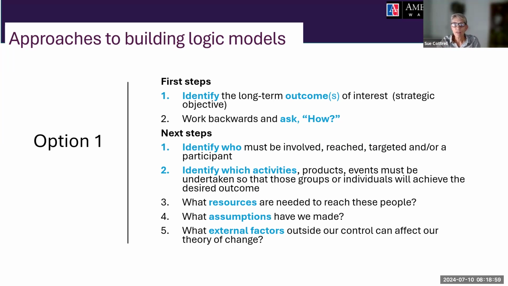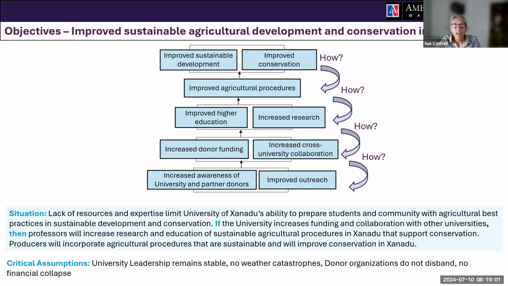And I'm going to show you how that looks. Now, for me, I use this all the time. Whenever I get a new project or a new program, I create what's called a results framework, which is what this is called, a results framework. You start with the highest level, which is improve sustainable development and improve conservation for our project.